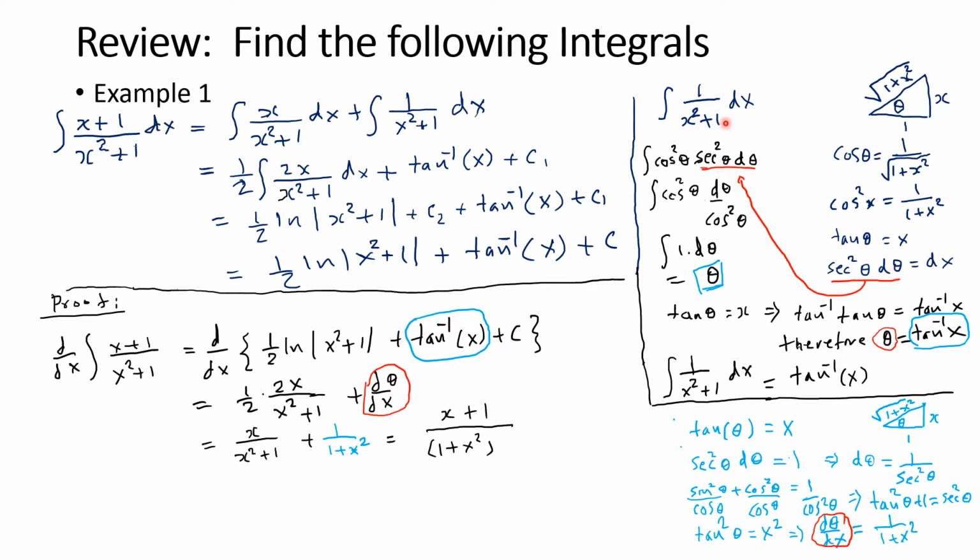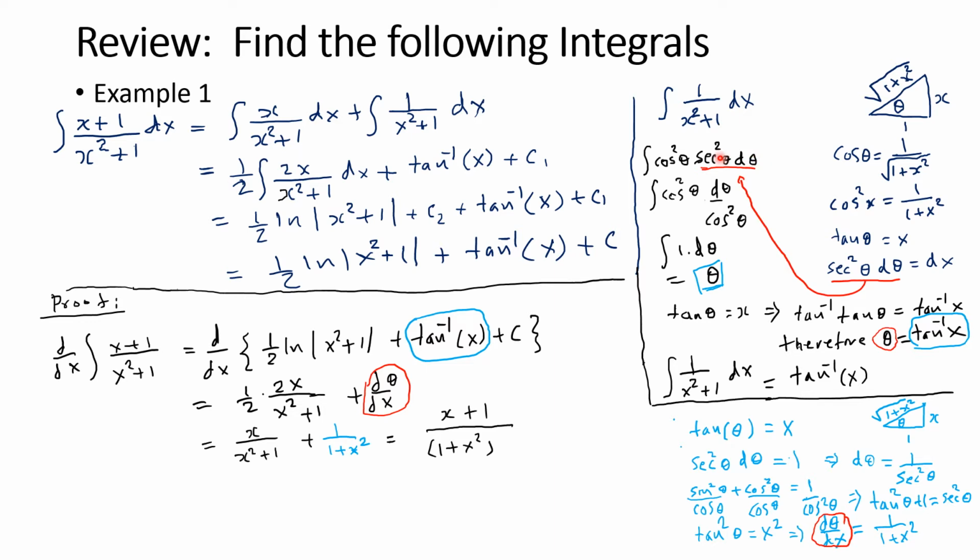So over here, we replaced 1 over x squared plus 1 by cosine squared theta, and dx by sec squared theta d theta. Now we should be able to do the integration with respect to theta.